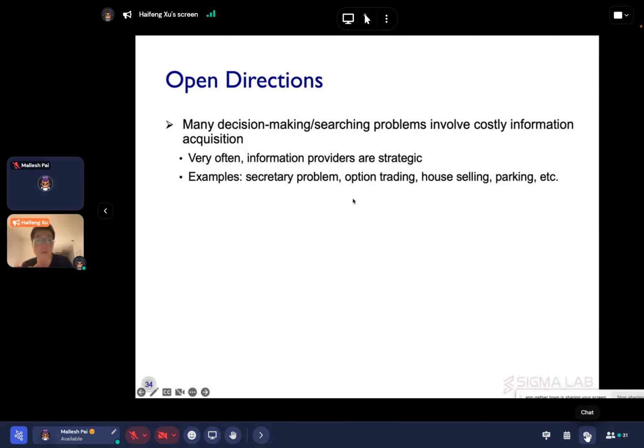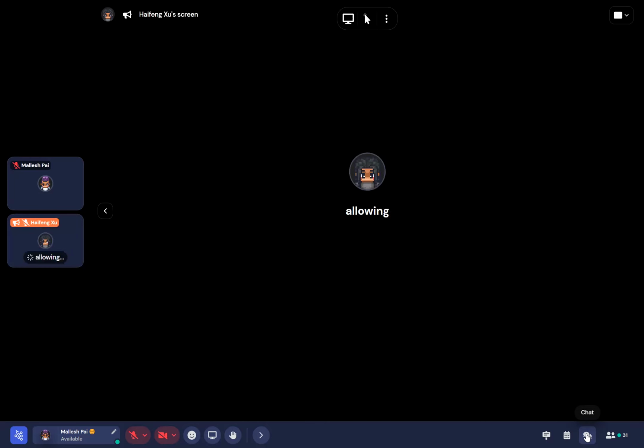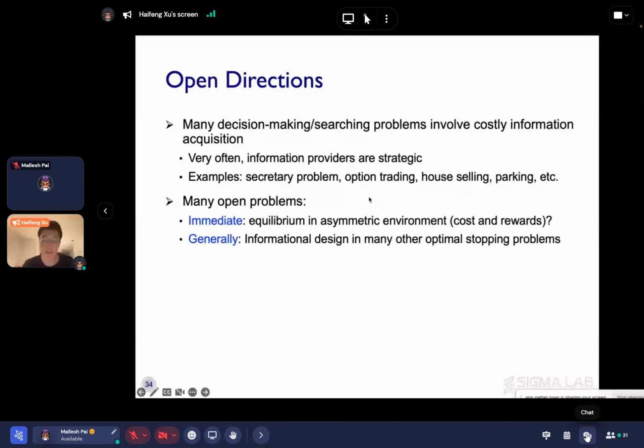And there are many other famous optimal stopping problems like option trading, house selling, parking. Those are very classic optimal stopping problems. I'm not aware of much information design perspective on those problems. And there's really a lot of open problems. Immediately in our setup, we don't know how to do equilibrium in asymmetric environments. And more generally, information design in most of these optimal stopping problems is largely open. Questions here?